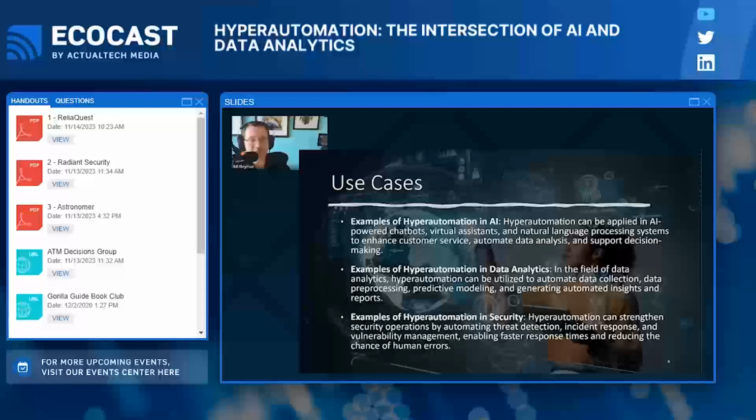And finally, in security, yes, you can actually integrate hyper automation into some of your security practices. You can strengthen operations via threat detection, incident response, vulnerability management, and even enable a faster response time to reduce the chance of human errors or somebody missing something. And again, using things like generative AI can really impact how well your hyper automation models learn.